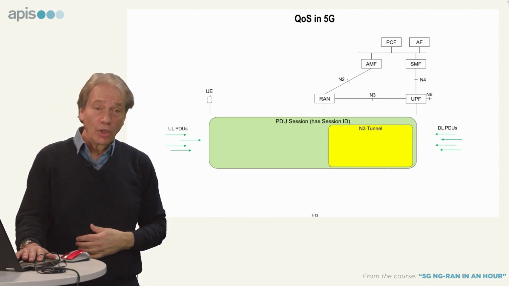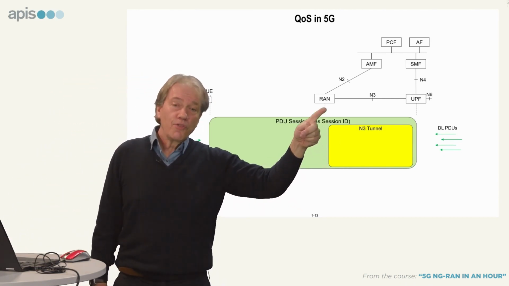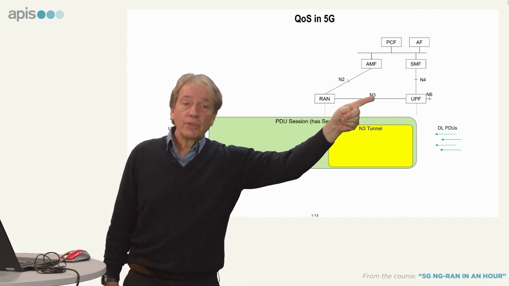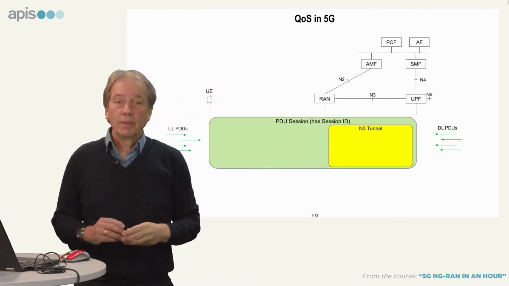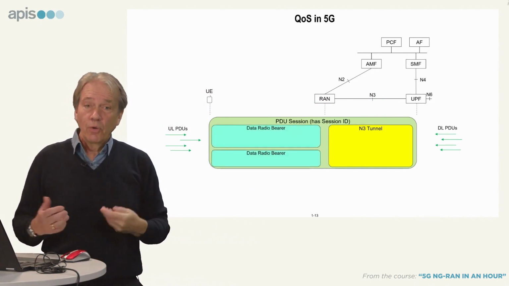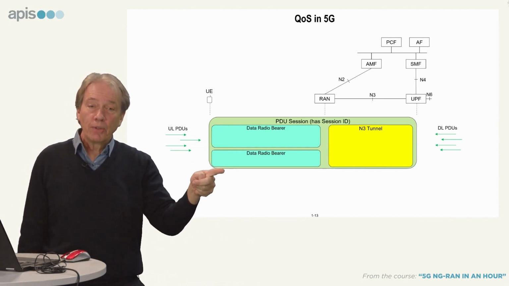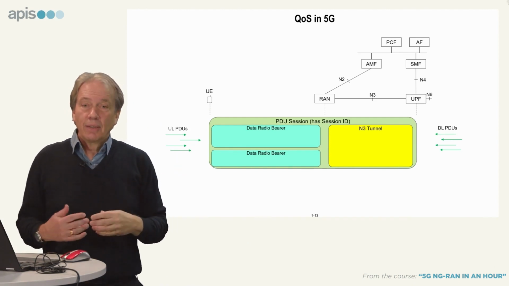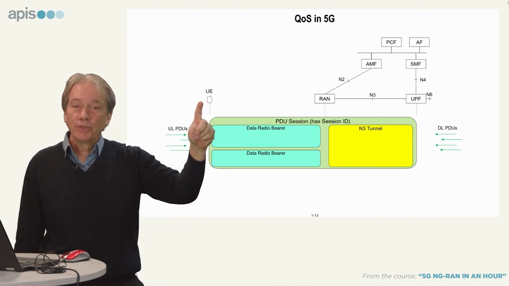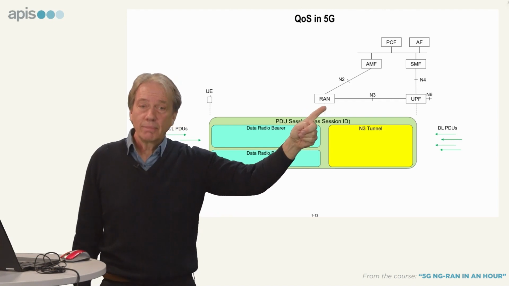And in order to do so, we have a so-called N3 tunnel from the radio access network to the core network, because this interface happens to be called the N3 interface. In the radio network, which is the focus in this short course, we have so-called data radio bearers, which will carry the user plane protocol data units from the user equipment to the radio access network, like the gNodeB, and vice versa.